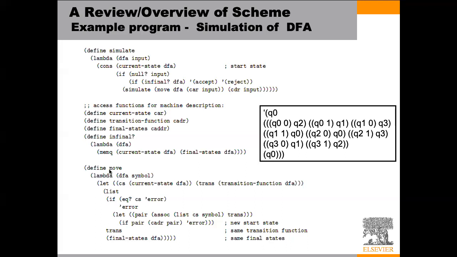So the big thing we're going to do is a move, where we're going to take our DFA and the next input symbol, and we want to make a move.